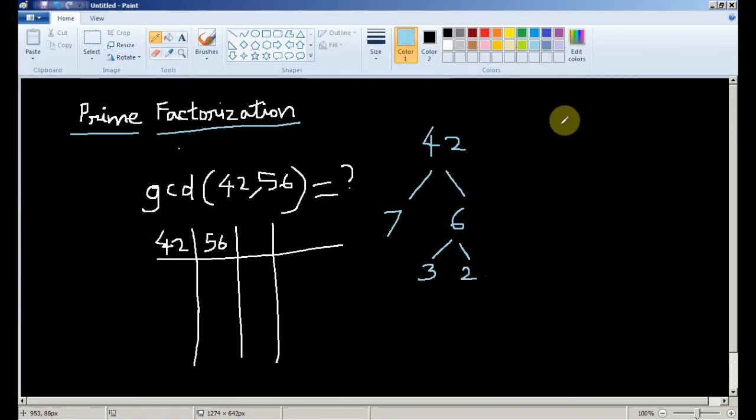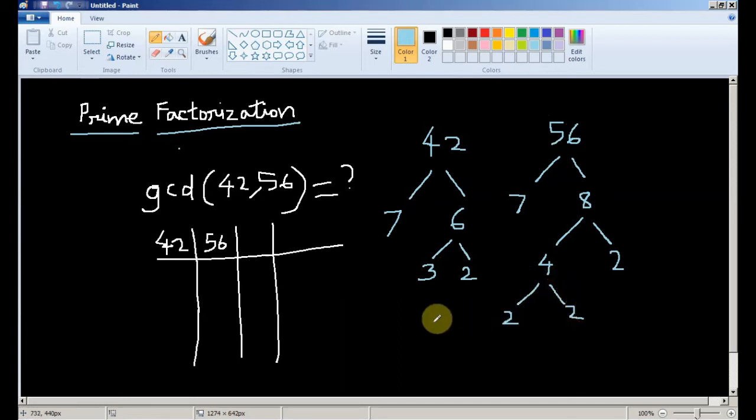Now next one is 56. Again it goes by 7, so 7 into 8 is 56. 7 is a prime number, 8 is not, so further subdivide into 4 and 2. 2 is a prime number, 4 is not, so further divide it into 2 and 2.